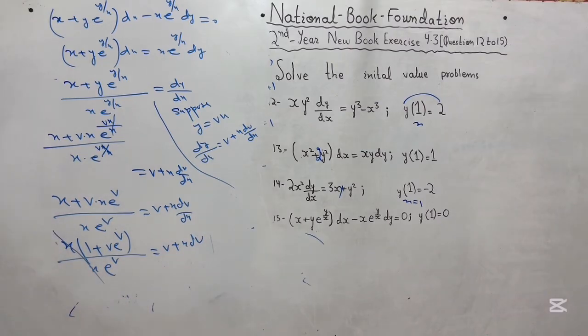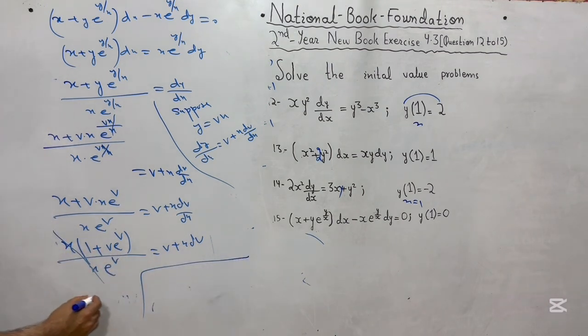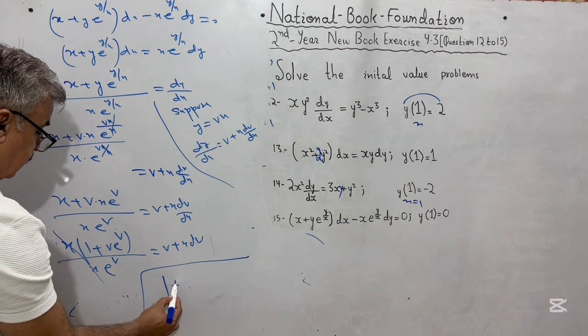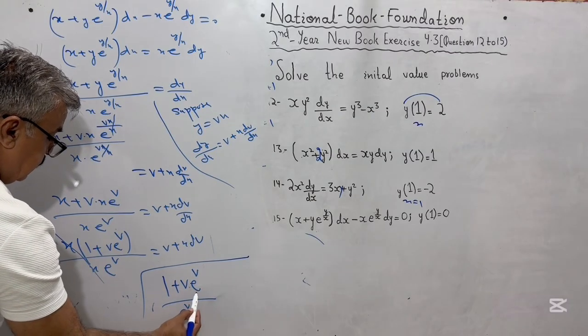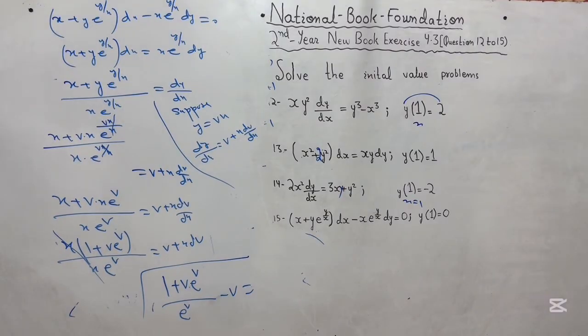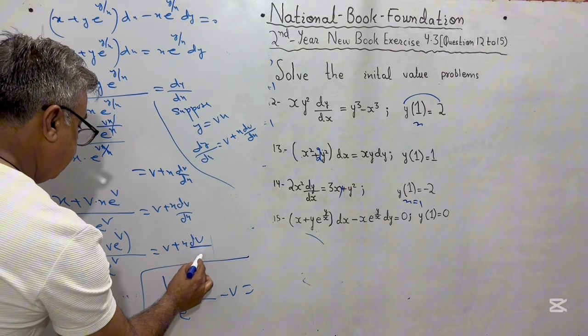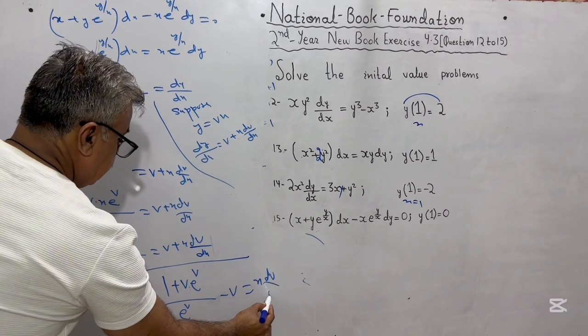Cancelled out. Shift v on the left hand side. We are left with 1 plus v times e^v over e^v minus v is equal to x times dv over dx.